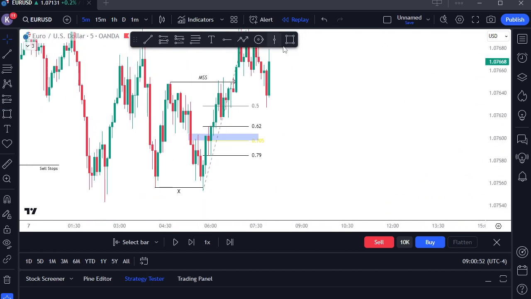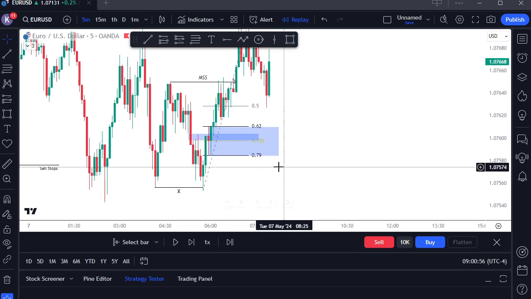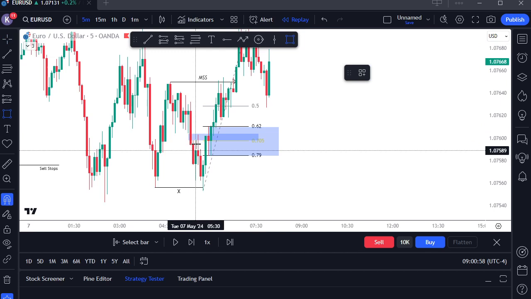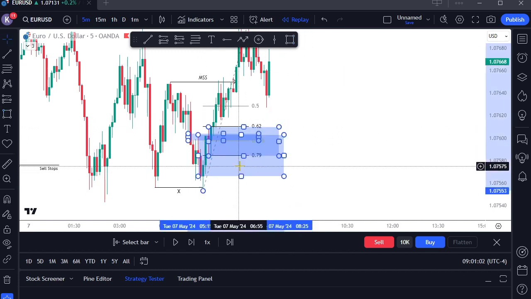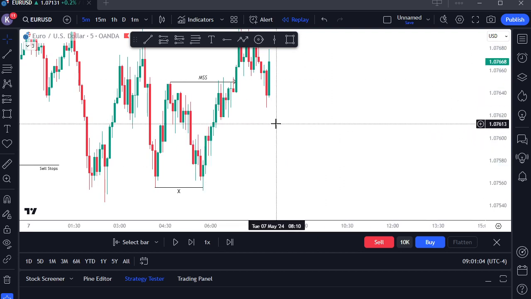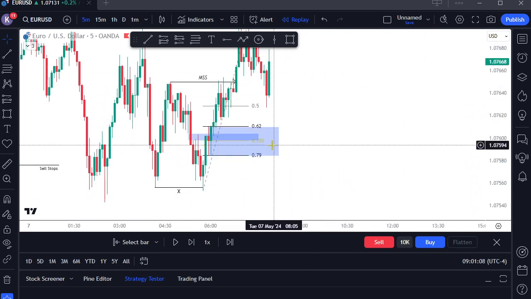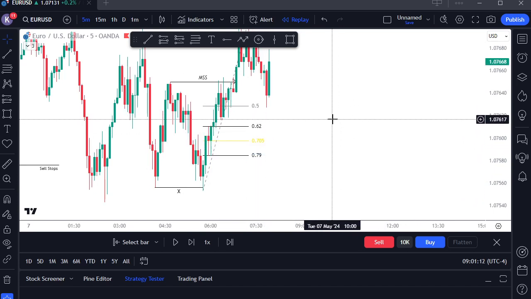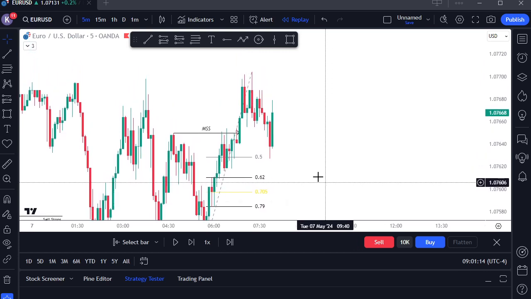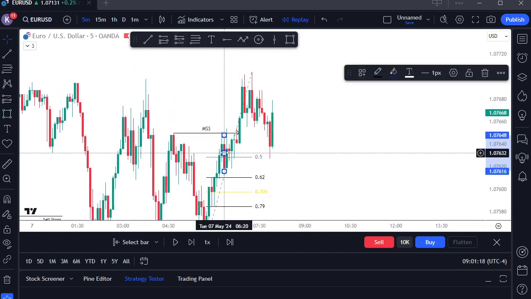Some people might have entered on this breaker block. Some people might have waited for this order block. But me, according to this picture, I entered on this breaker block.